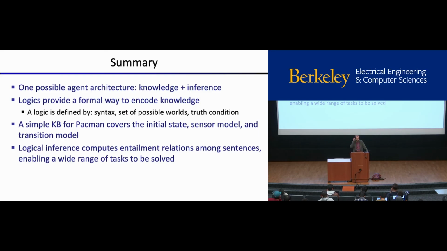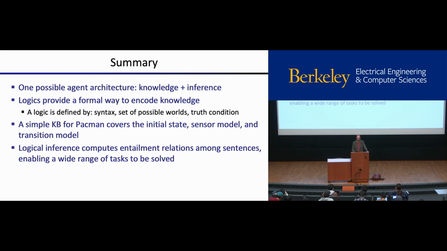Logic provides a formal way to encode knowledge as a set of sentences. The logic is defined by a syntax. What sentences are well-formed, or how can you put symbols together to make a well-formed sentence? How can you not put symbols together to make a well-formed sentence? What are the set of possible worlds, and what is the truth condition? How do we combine a possible world in a sentence and evaluate whether that sentence is true in that world?